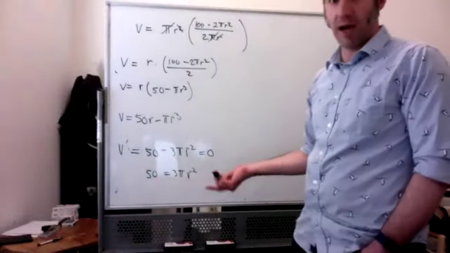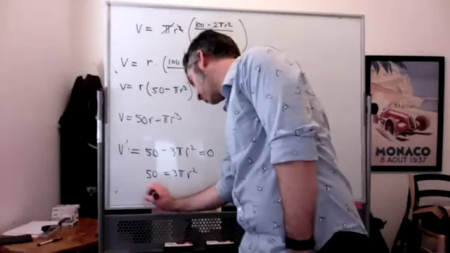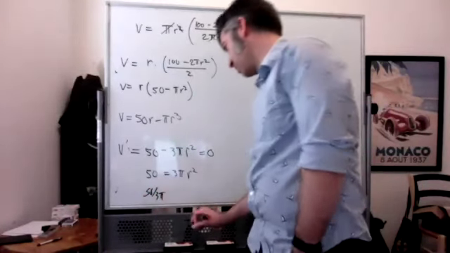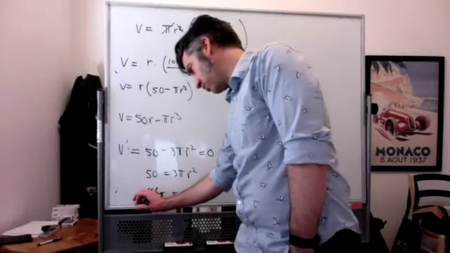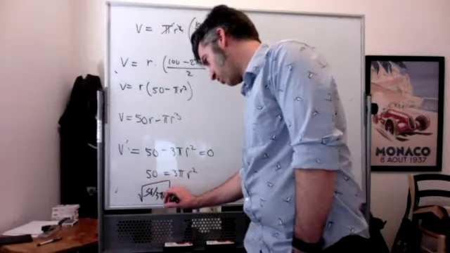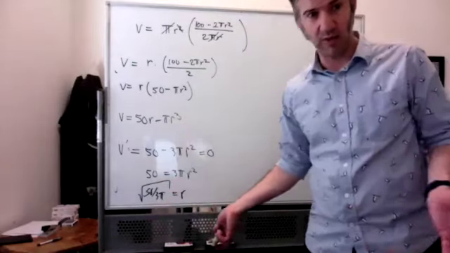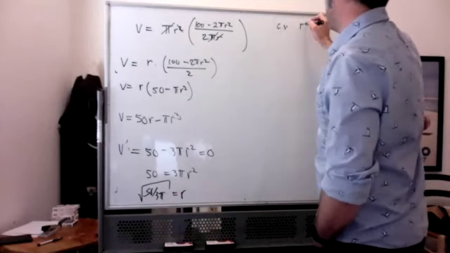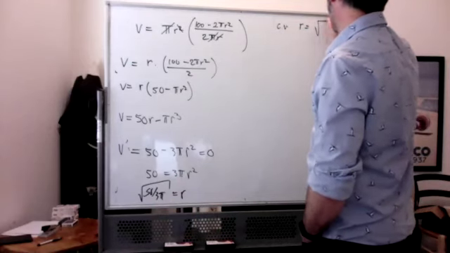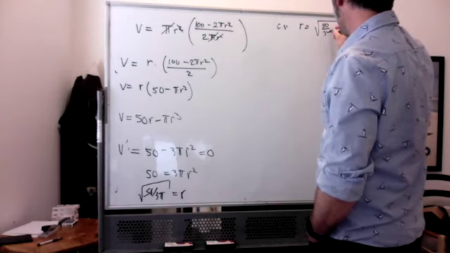I'm just going to divide both sides by 3 pi. So 50 over 3 pi equals r squared, and then square root both sides to get r equal to the square root of 50 over 3 pi. Technically plus or minus, but we know the radius should be positive, so just that. So our critical value here is that r is equal to the square root of 50 over 3 pi.